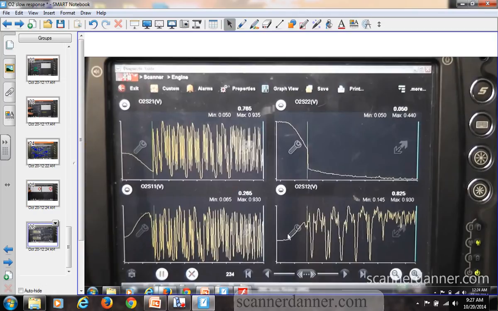And these are the after numbers of my upstreams, my downstreams. And guys, these look great. I like these. Again, frequency, amplitude. I'm just looking for, are they moving up and down? This is 0.065 and this is 0.930.